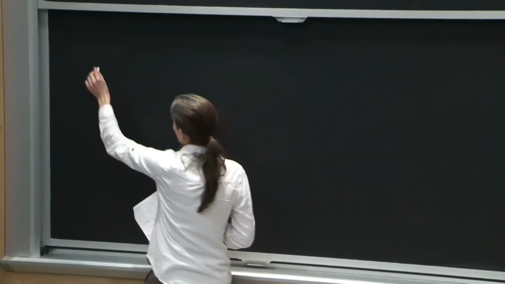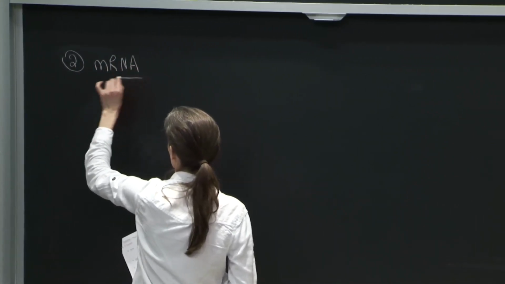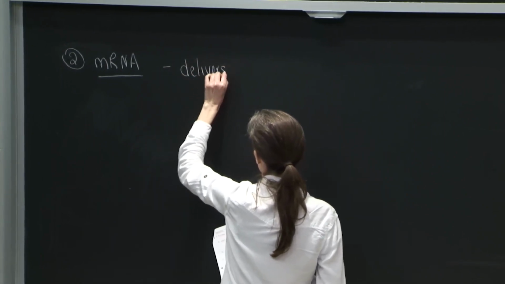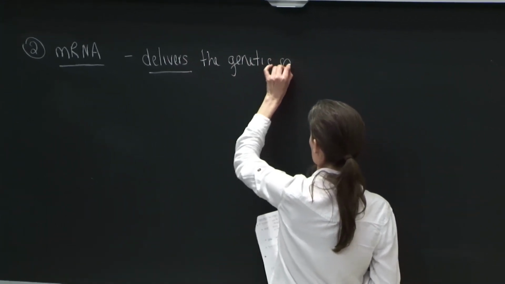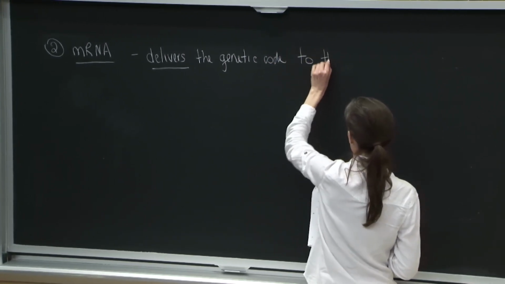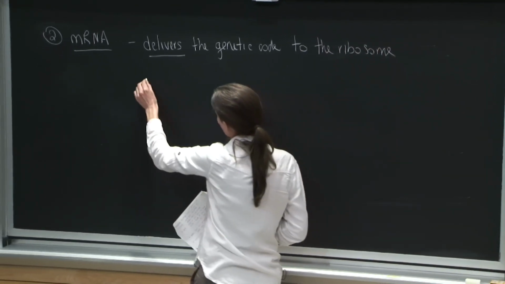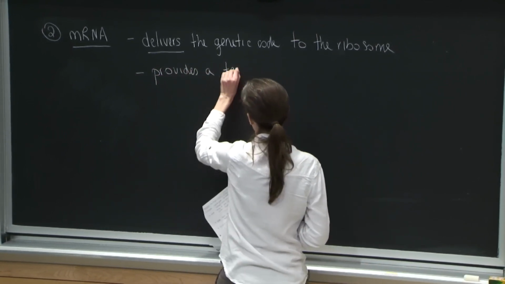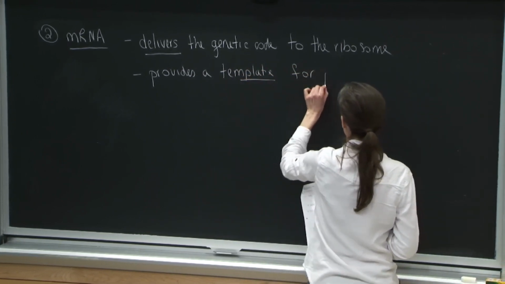So in addition to the ribosome, we have the mRNA. So this mRNA delivers the genetic code to the ribosome, and it provides a template for protein synthesis.